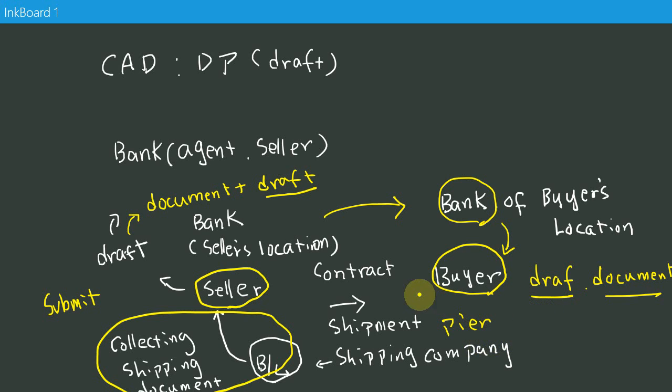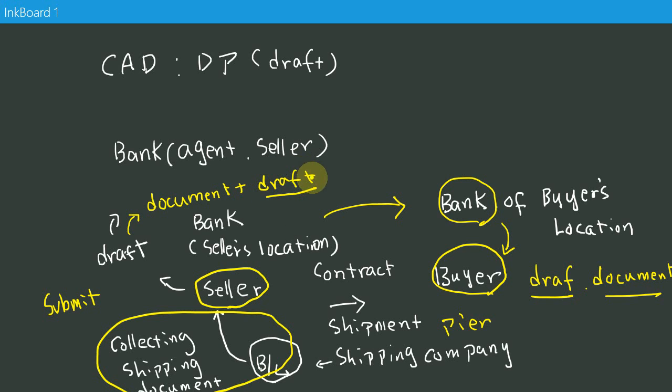So in this process, the seller, after sending the product to the buyer and preparing the shipping document, goes to the bank and asks the bank to send the document and draft.